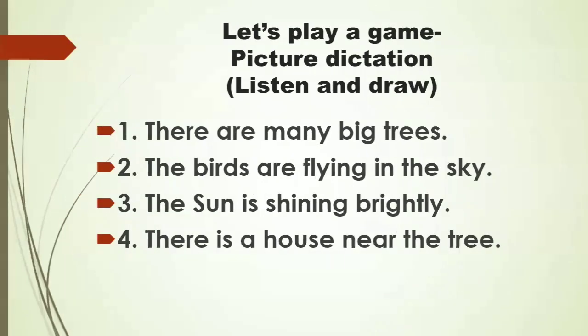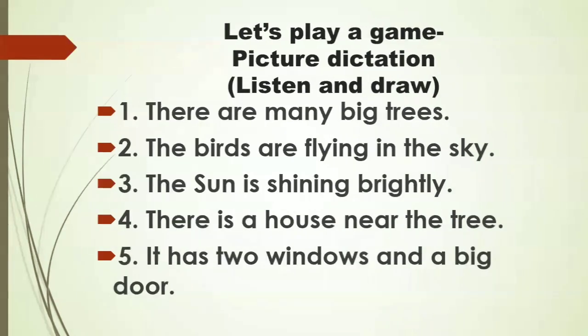Very good. Let's go to the next sentence. There is a house near the tree. Yes, you have to draw a house which is near the tree. Well done. Now next sentence.